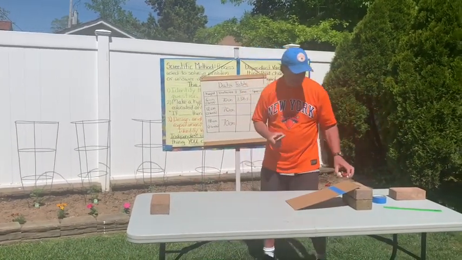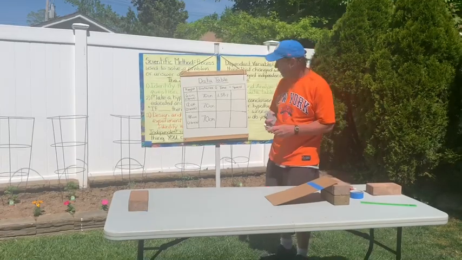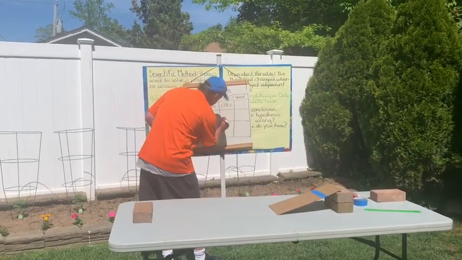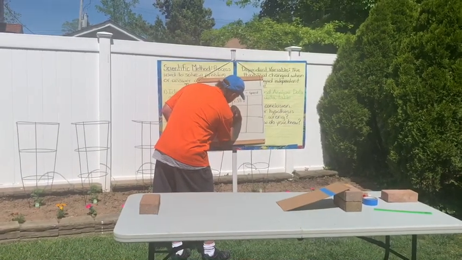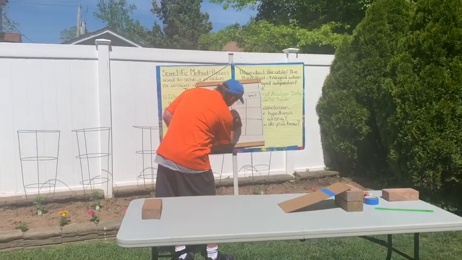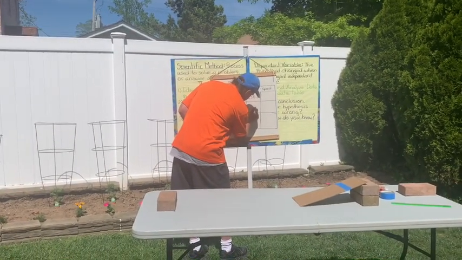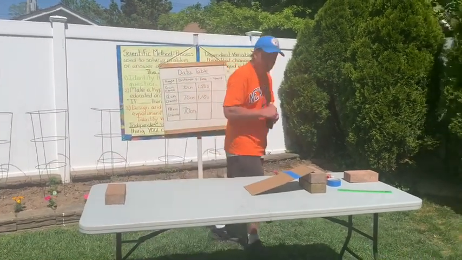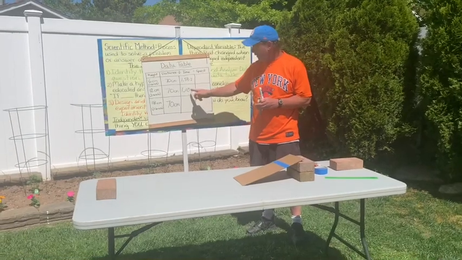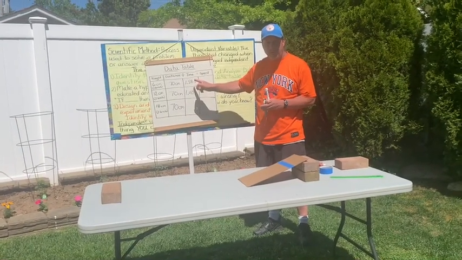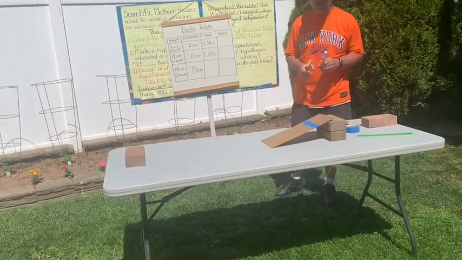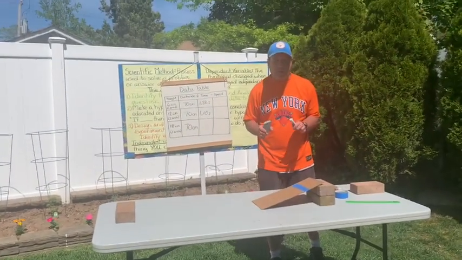Okay, so for the second one, it was 1.10 seconds. So we see with the second one, it was faster than the first one. Okay, and we will move on to doing it with 3 bricks in our final test.